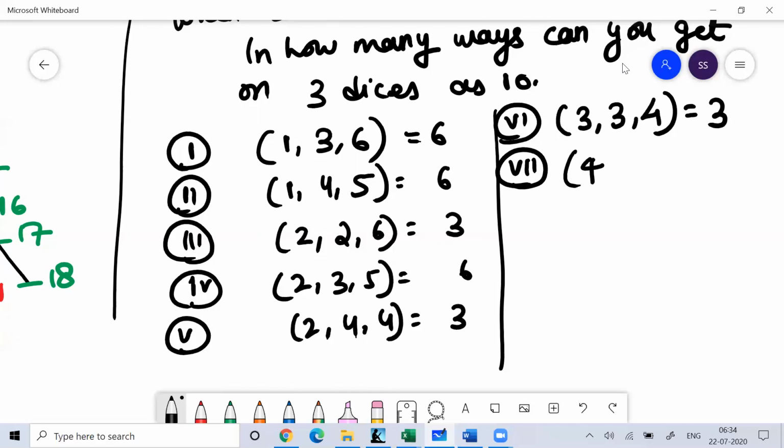Then 4 comma 6: if you do 4 comma 6, where will you put the third one? That is not possible. Now with 5: 5 1 already done, 5 2 already done, 5 3 also done.